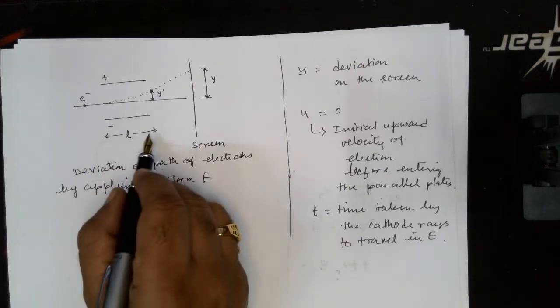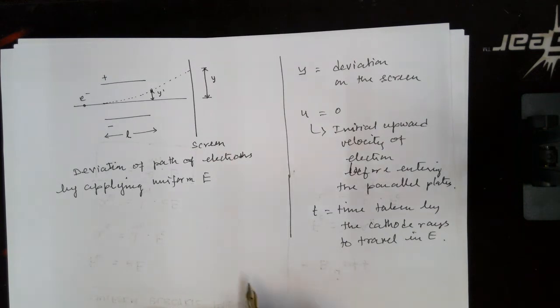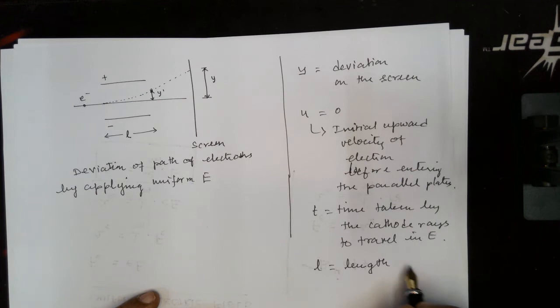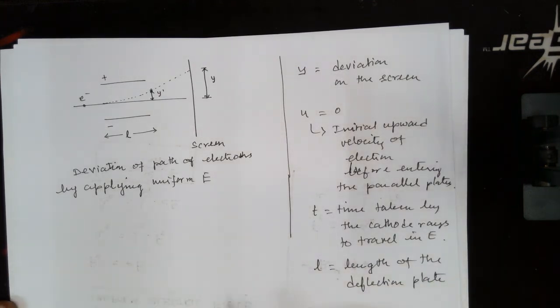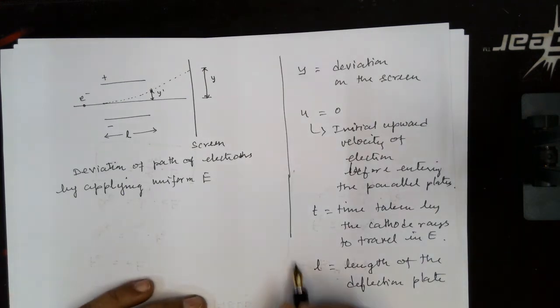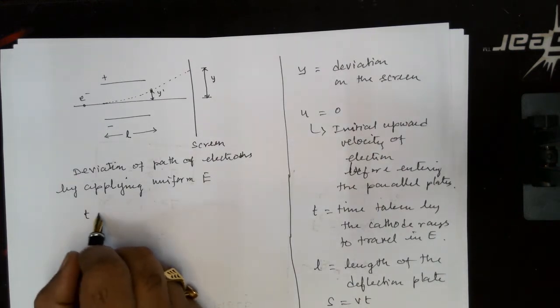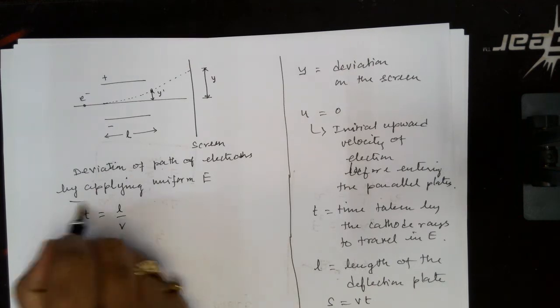And we know L is the length of the plate, length of the deflection plate. We know S is equal to Vt. S means displacement. Here L is equal to velocity into time. So from this, time can be calculated, which is nothing but L by V.